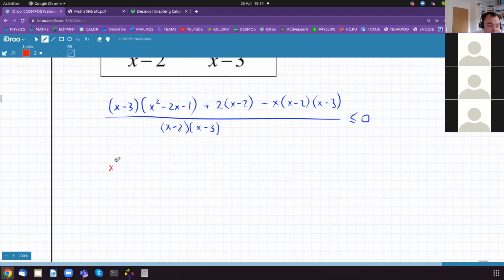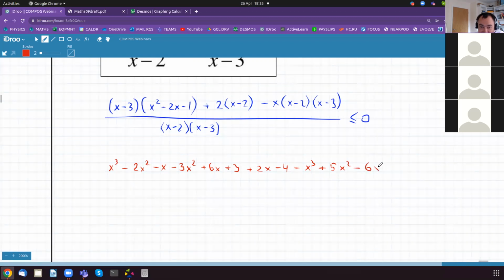So x cubed minus 2x squared minus x minus 3x squared plus 6x plus 3 plus 2x minus 4 minus x cubed plus 5x squared and minus 6x.